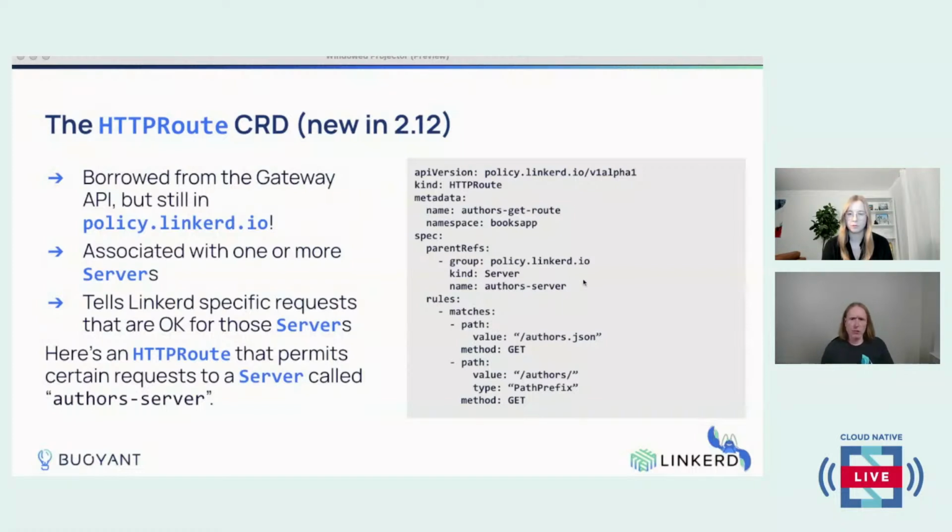There's too many uses of server, sorry about that. The HTTP route also specifies particular requests that are okay going to the server to which the HTTP route is associated. So this HTTP route, rather, will allow gets to /authors.json or gets to anything with the prefix /authors/ to the author's server, whatever. And then it would look at the server resource to figure out which pods and which ports the author server was.